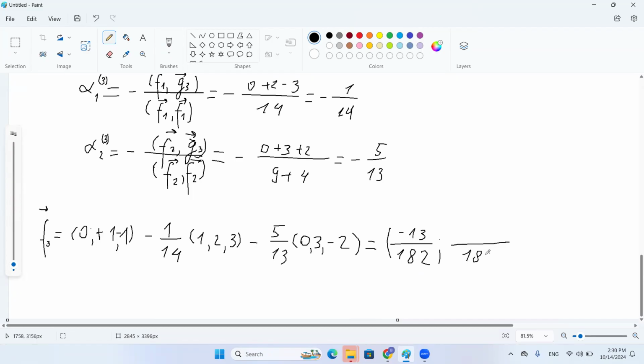So 182. Here we have as well 182 minus 26 plus 5 multiplied by 14 and multiplied by 42.